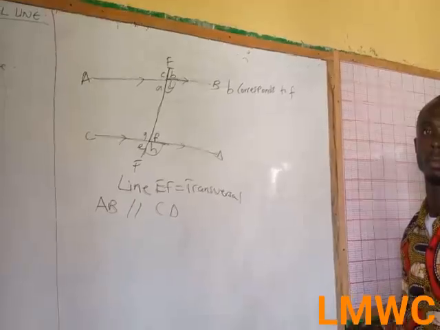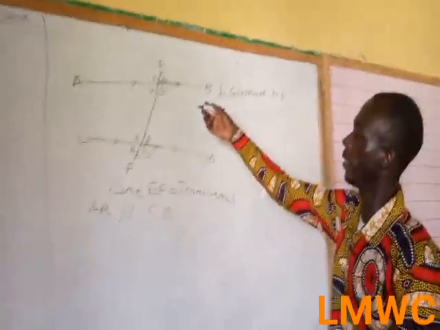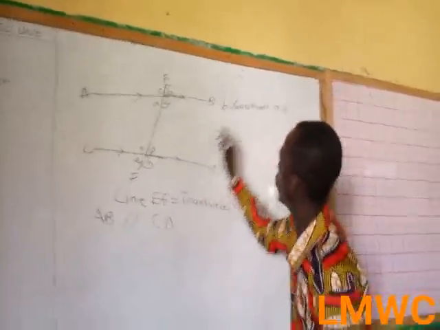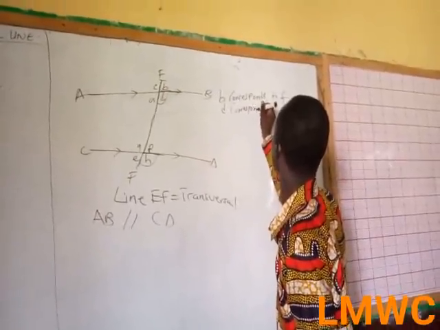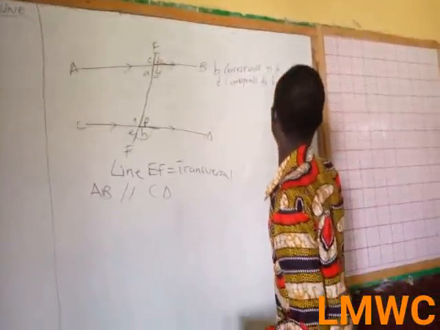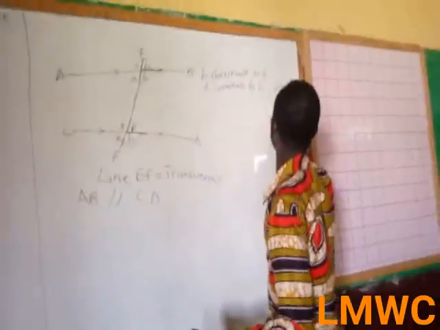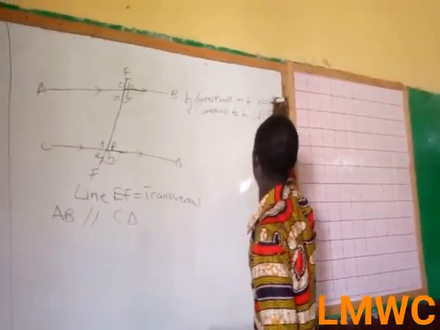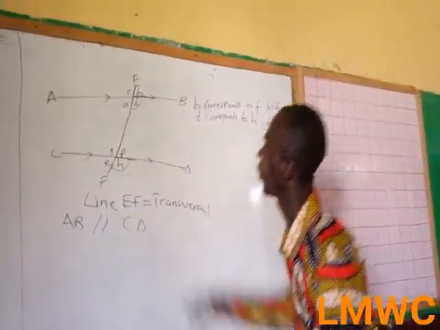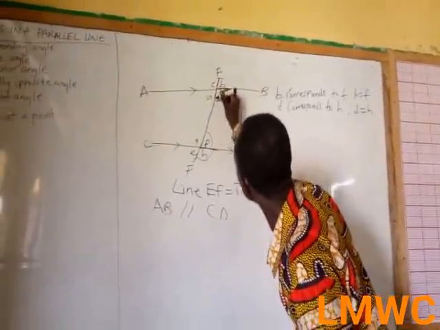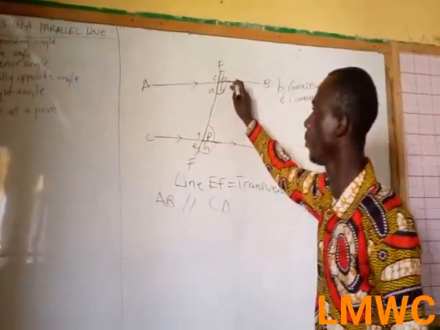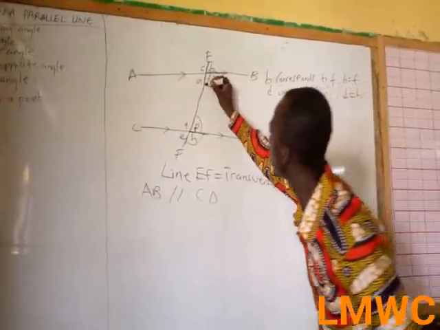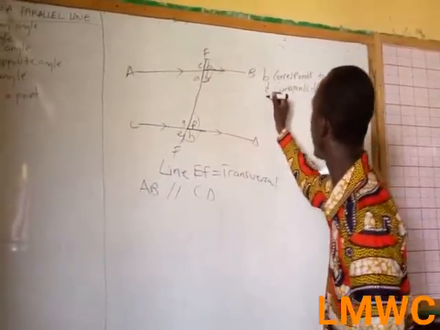Let's take D. D corresponds to H. It means D is equal to H, and here too B is equal to F. Corresponding angles are equal. And we are seeing two angles within this parallel line, and these two angles we call co-interior angles.